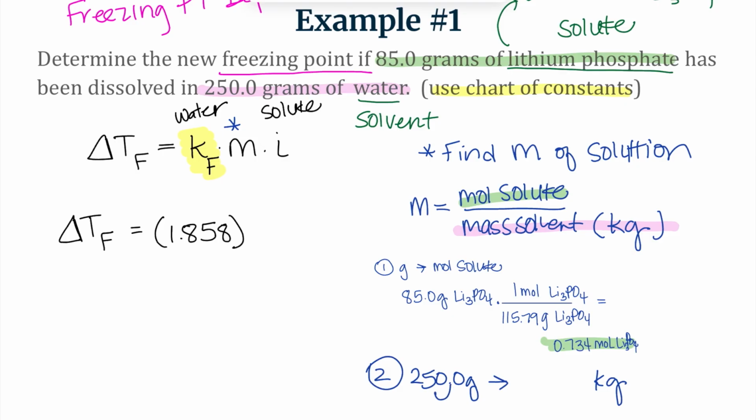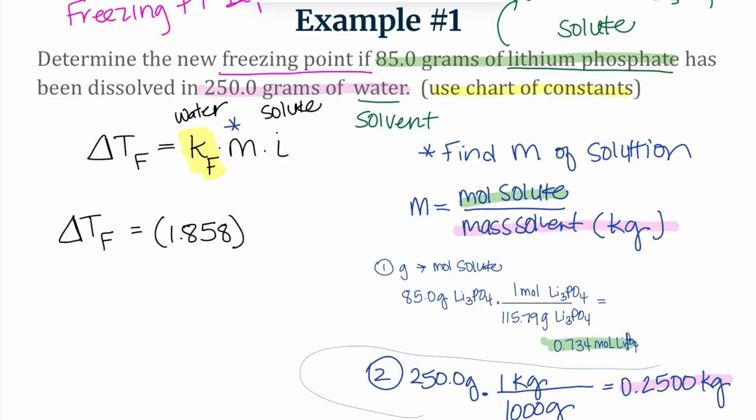If you want, you can just move the decimal 3, or I can show my work with my conversion factor. I know that 1 kilogram is 1,000 grams. 1,000 grams goes on the bottom so that the grams unit cancels, and I'm left with 0.2500 kilograms of water. And now that value is what I can plug in for my mass of the solvent.